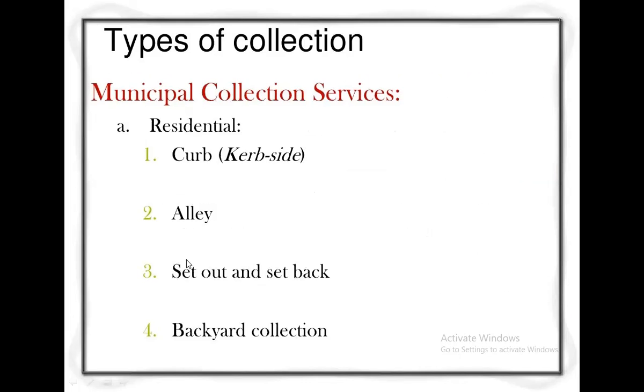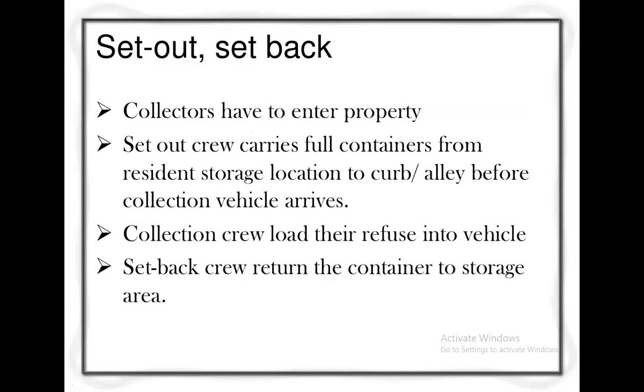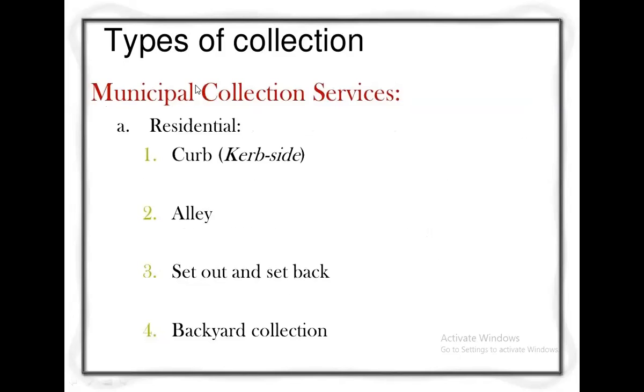The waste is collected from the residential areas near the curb. The waste is collected at the curb side, which is a footpath and curb, or near to the house curb.